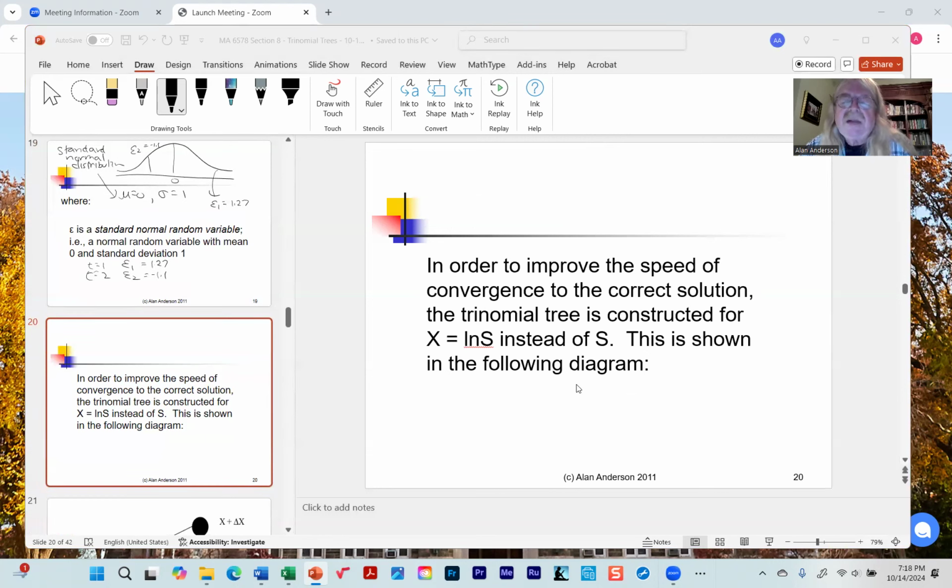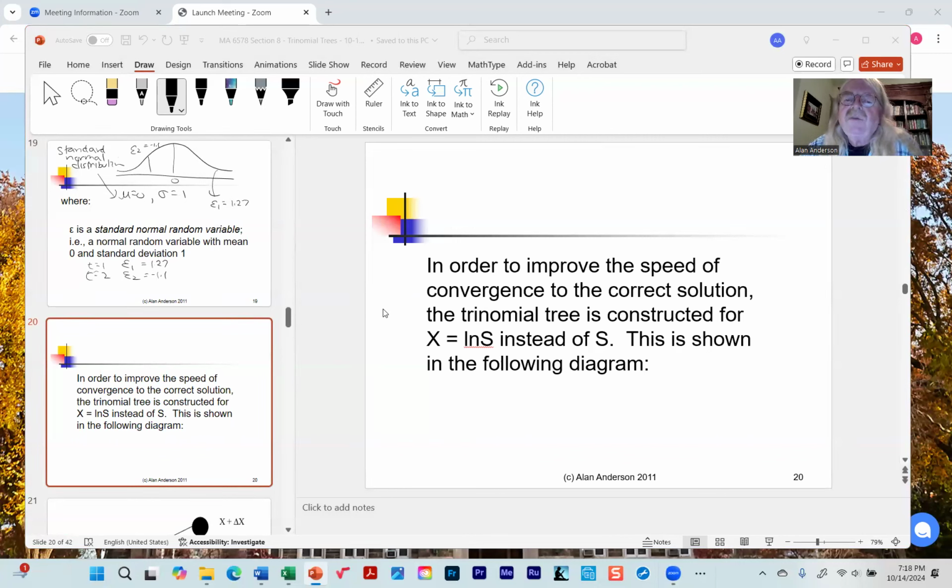Now, sometimes what happens is these trees, since they can be very unwieldy, it's not uncommon to use not the stock itself, but sometimes we see the log of S being used in its place. Sometimes that can help simplify the formulas.